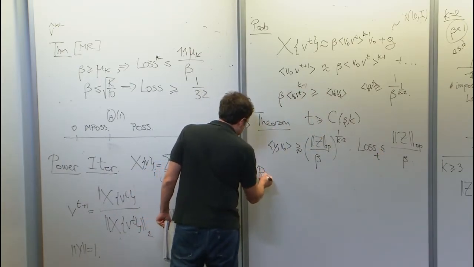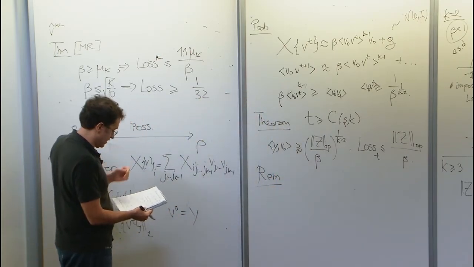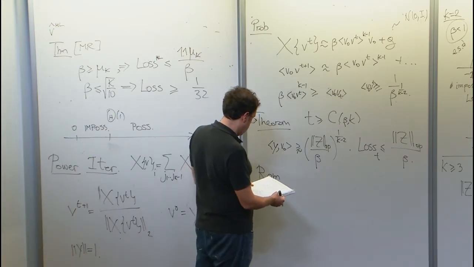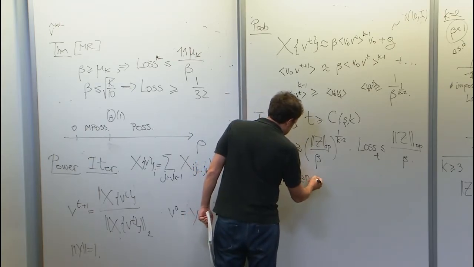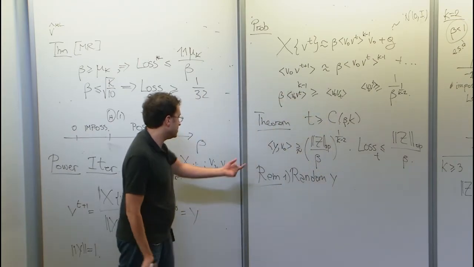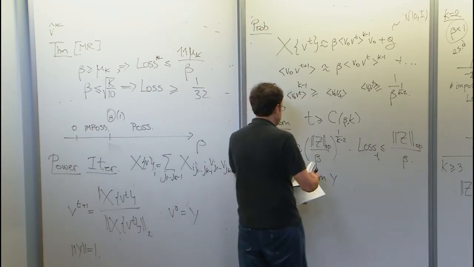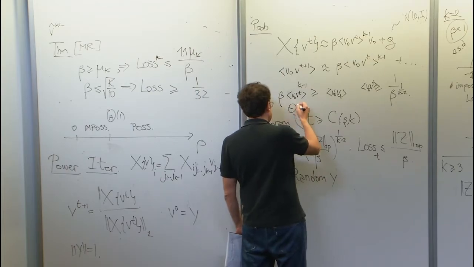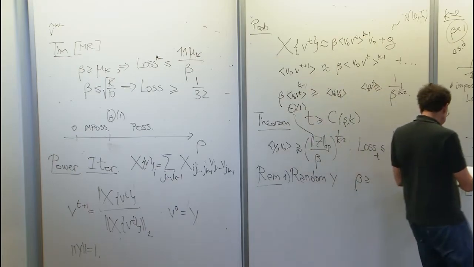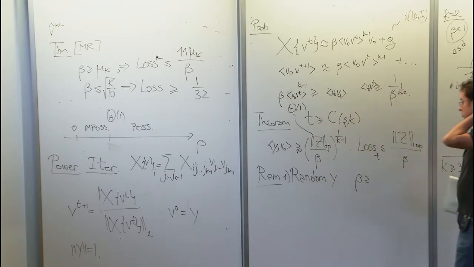So let me make a few remarks. The first remark is that this is very similar to a result by Anima, Sham, etc. Now if you take random initialization, then this is of order 1 over square root of n. And if I assume this is of order 1, which is in our case theta of 1, this requires beta bigger than... oh, okay, so here this is wishful thinking.